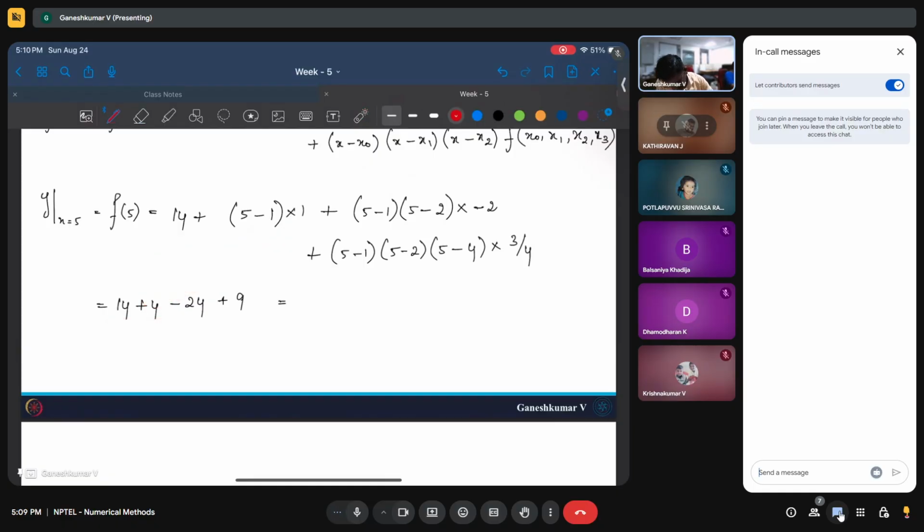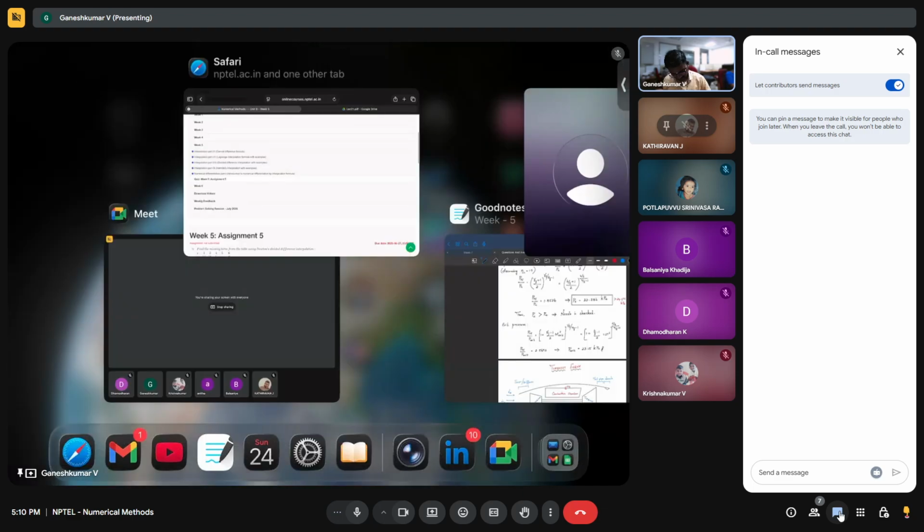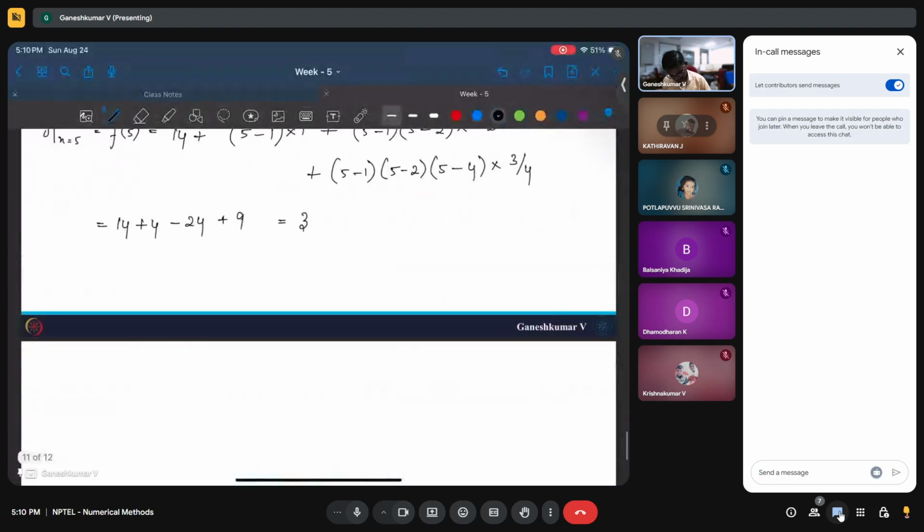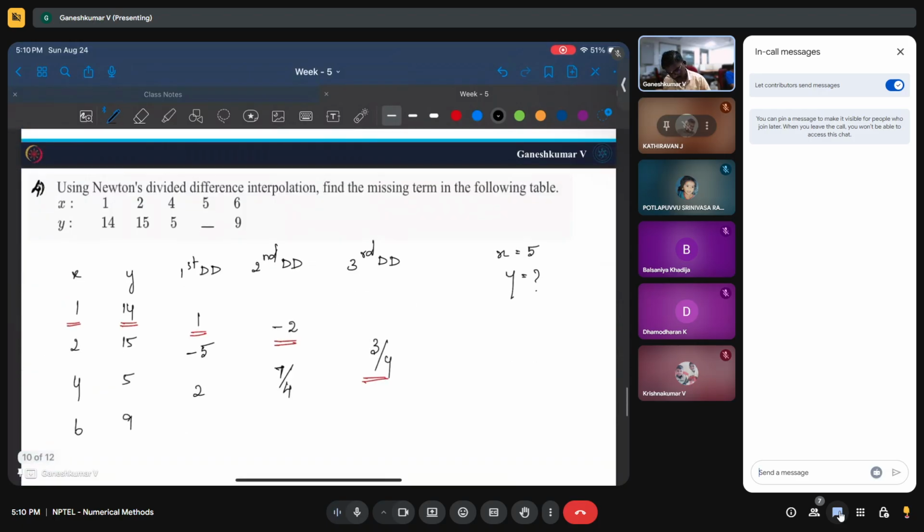Okay, so y of 5 is equal to 3. So this value over here is actually 3.